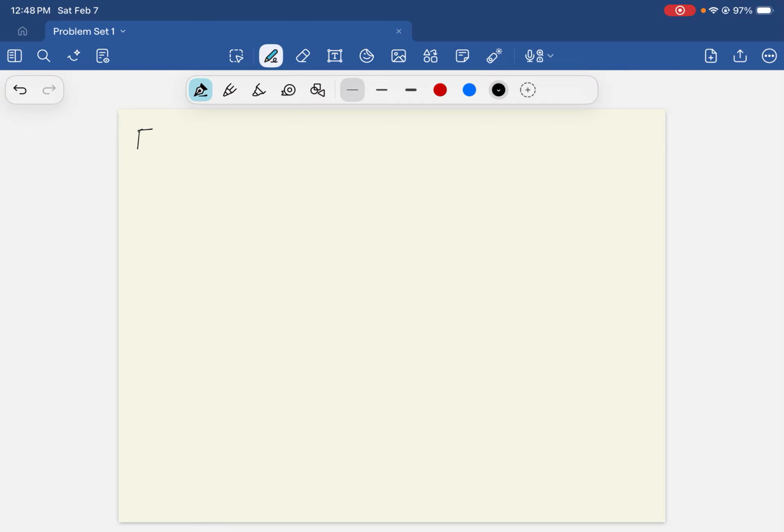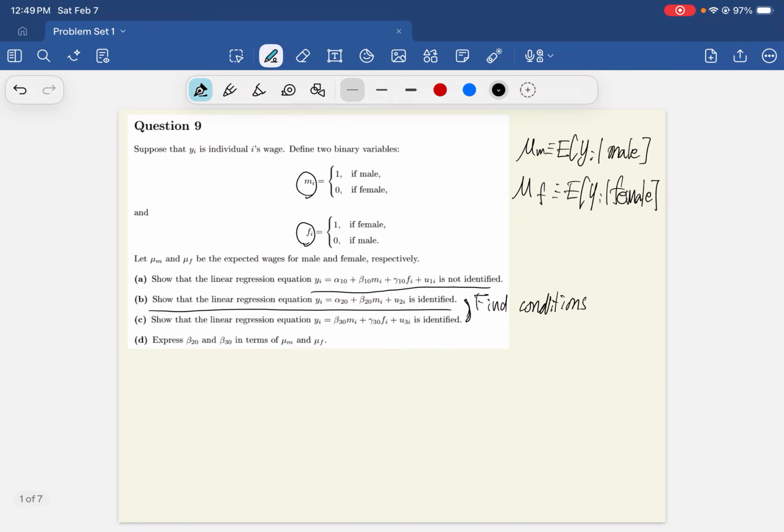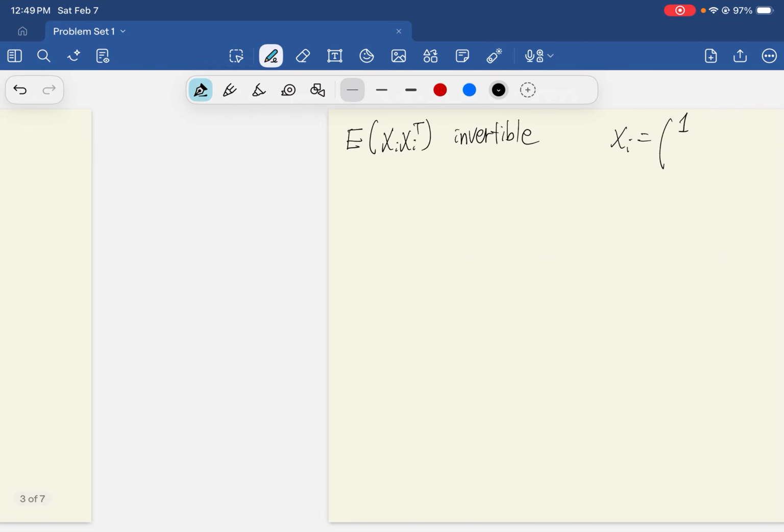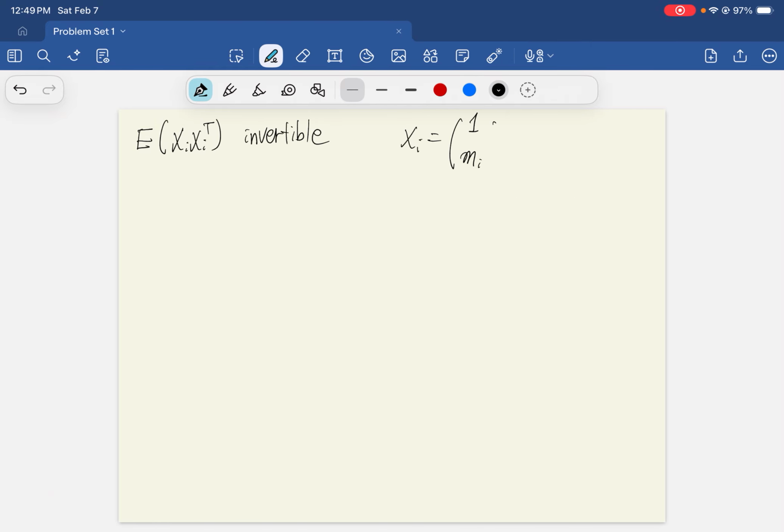Mathematically, what you do here is show that the full rank assumption is satisfied. We will show this is invertible where x is 1 and m here, and I will write theta as alpha and beta.